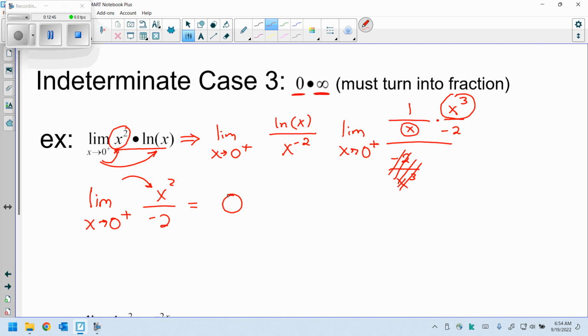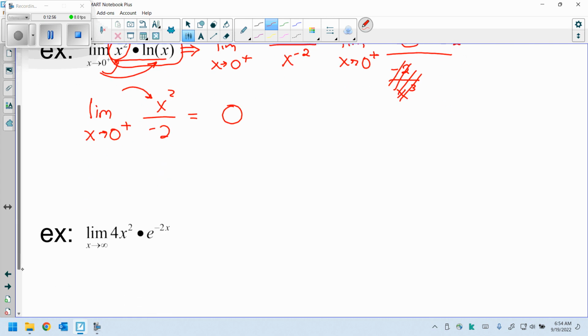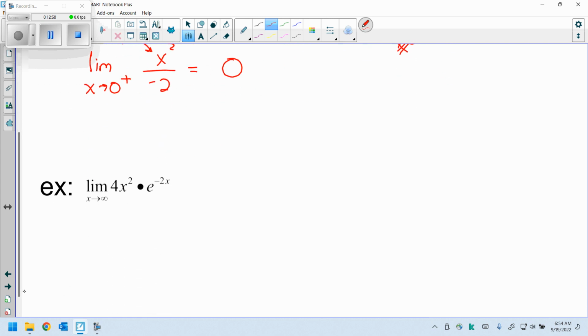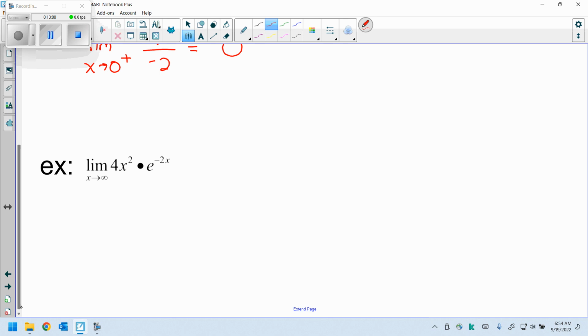So the biggest adventure is how do you turn a product into a rational function? A little bit easier down here. If I put infinity in here, I've got huge times really close to 0.